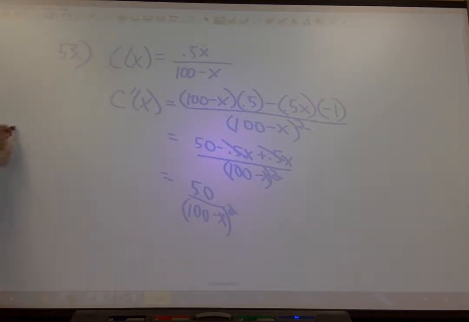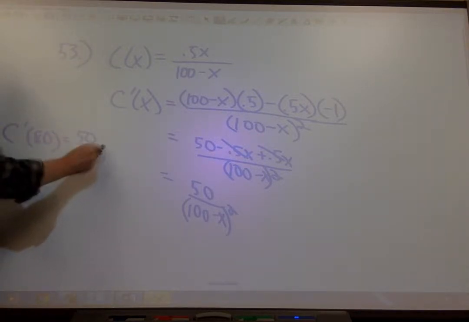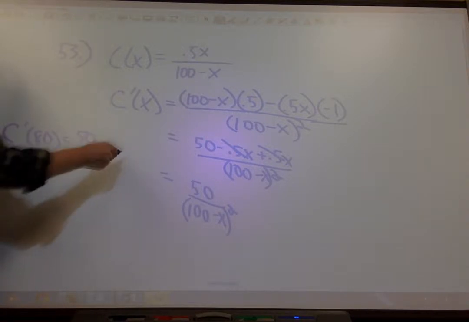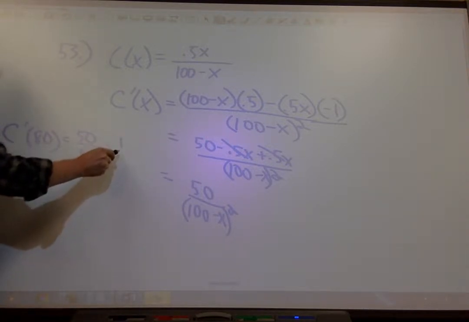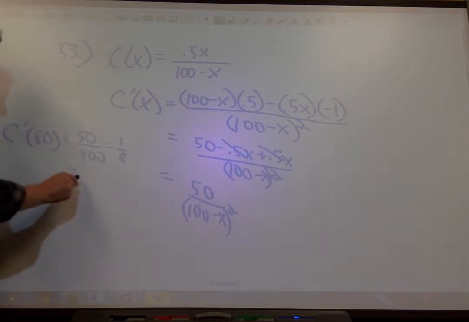If we find C prime of 80, that's 50 over 20 squared. Is that 50 over 400, which is 1/8? When we get an answer here, is it in millions of dollars? So 1/8 of a million would be 125,000.